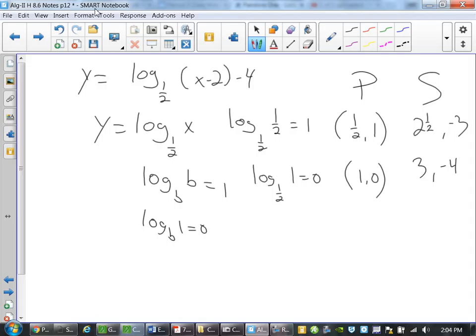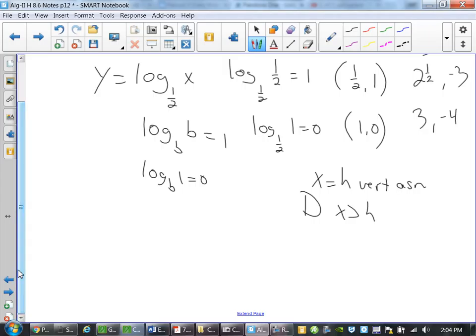So to clarify, h is your vertical asymptote and your domain can be x is greater than h. Range is all real. Wait, so for range, you literally just write all real? Yep, for logs.